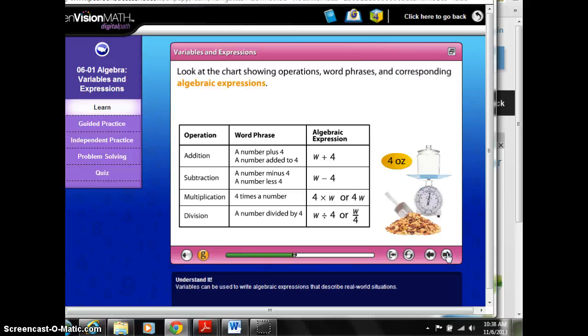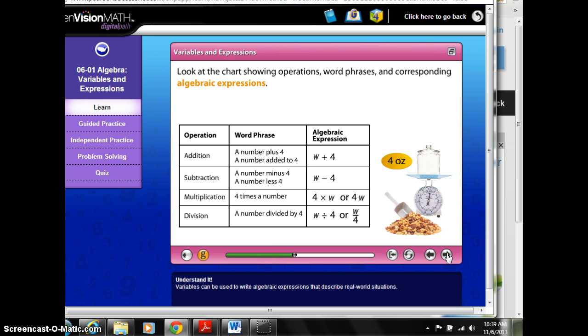Multiplication. If you see the word times or even the word product, because we know when we multiply two numbers we get a product, that's multiply. Now, like they show here, 4 times a number, or W, it kind of looks like an X. It looks like 4XW. So what they do instead is they take that multiply sign out and they just squeeze them together, so it's just 4W.